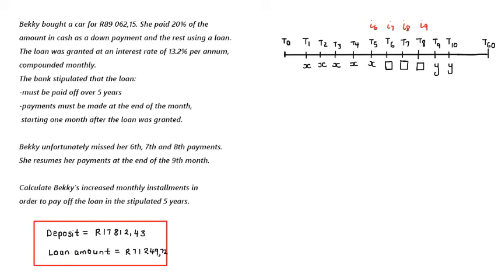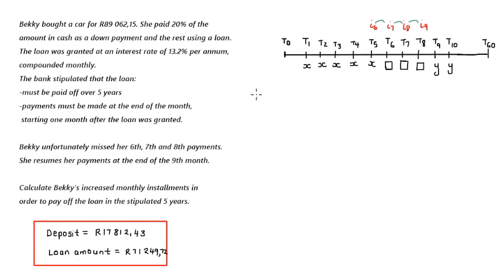If we look over here, we see that there's going to be a total of 1, 2, 3 months of interest that they're going to charge her, because of these 3 months that she missed.